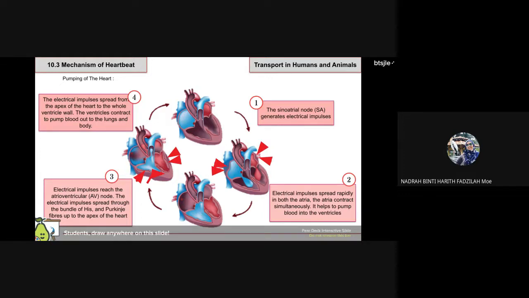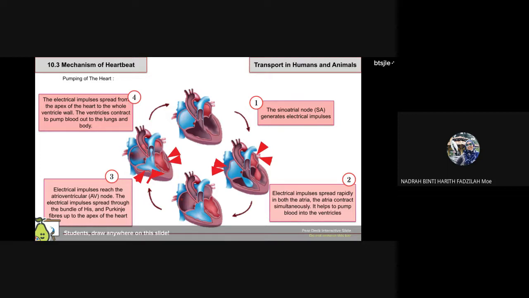So sekali lagi, SA node generate electrical impulse, kemudian impulse spread to both atria, and then impulse will converge back at the AV node.